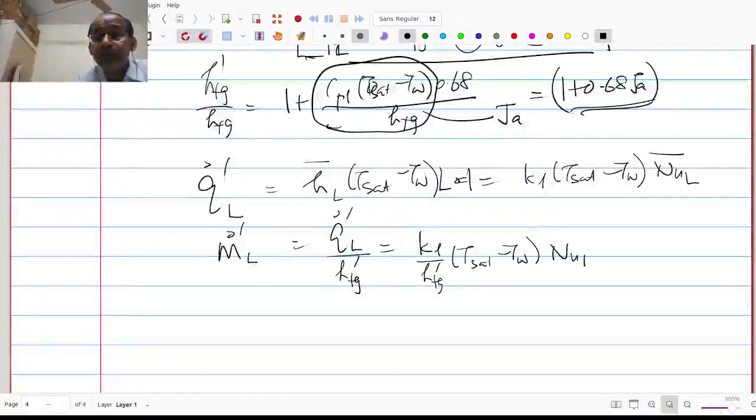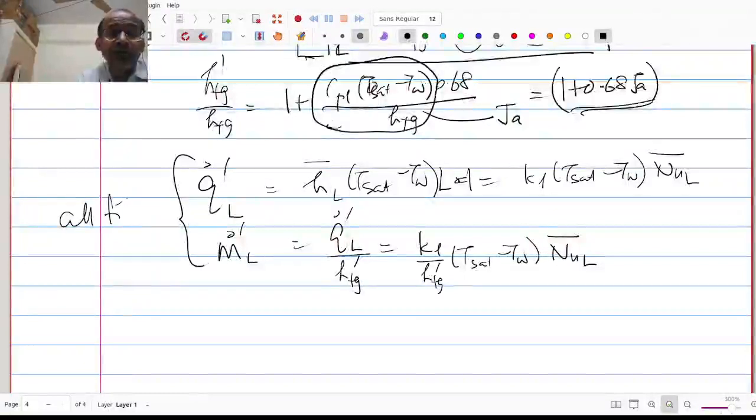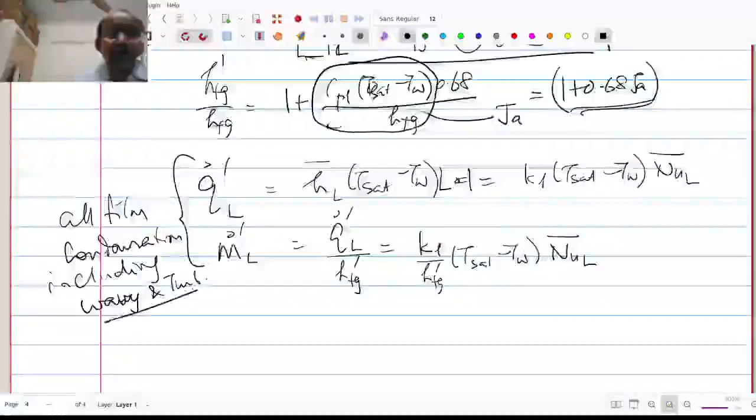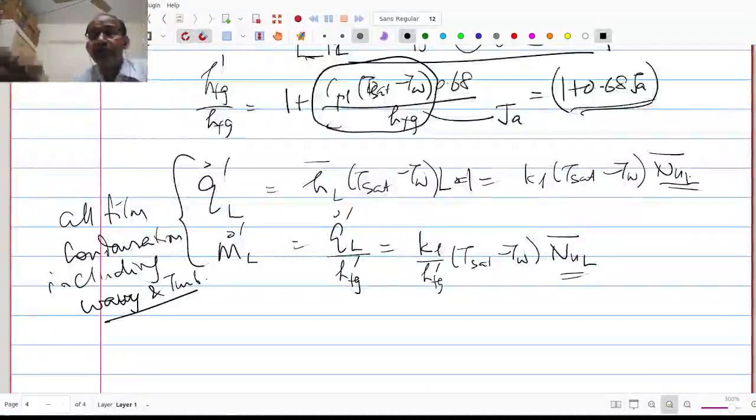So these two expressions are valid not just for laminar, they are valid for all film condensation, including wavy and turbulent. The only thing is the corresponding Nu L should be used and not the values that we used in the earlier part. But these expressions are otherwise valid in general. If I use the expressions that I already have for Nu L, then it is only valid for the laminar region.